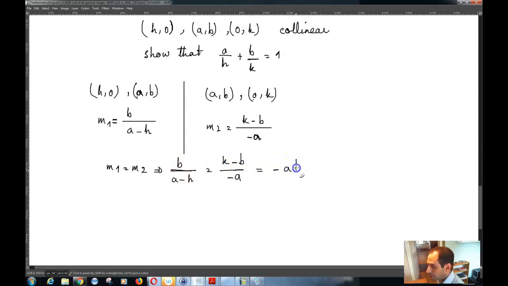negative ab is equal to a minus h times k minus b.